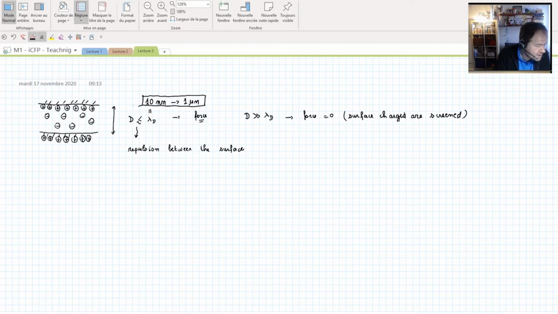Okay, that's a PhD thesis. That's an internship offer. You want to measure the force between charged surfaces. You know that you have to approach two surfaces to a distance smaller than 1 micron. So what is a good technique? What are the techniques? Because we can imagine several techniques.